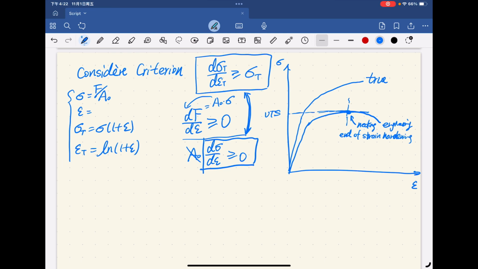So you can tell the strain hardening area based on true stress and true strain, because when we are trying to model the material, we intend to use true stress and true strain, which is more true, more accurate. So we want to know how to derive this strain hardening area and necking point in the true stress true strain curve.